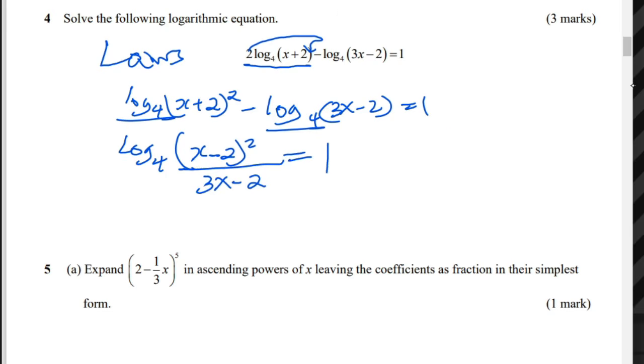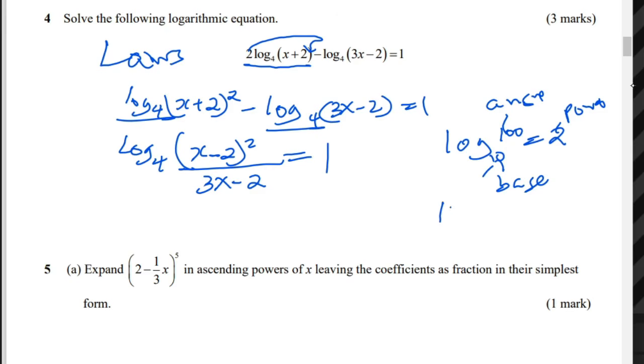Taking the concept where we have log base 10 of 100 is equal to 2. This is the base, this is the power, and this is the answer. Therefore, if I want to rewrite this in index notation, I will say 10 raised to power 2 is equal to 100.